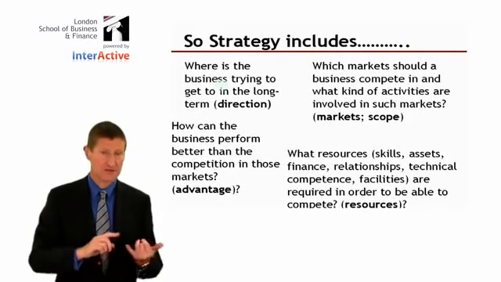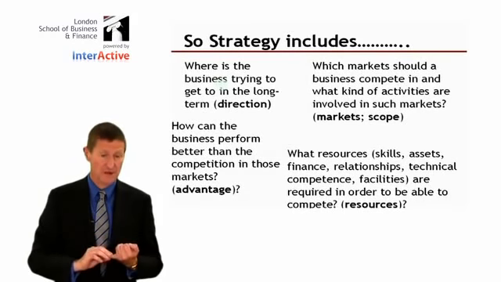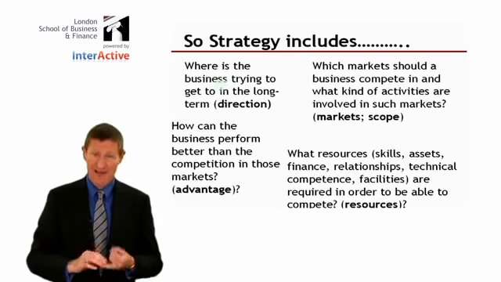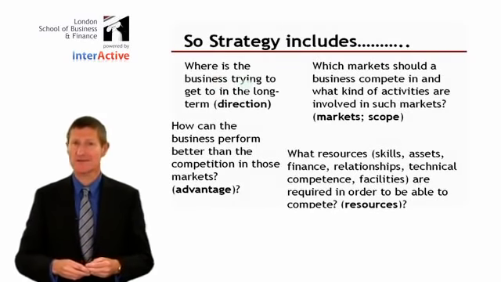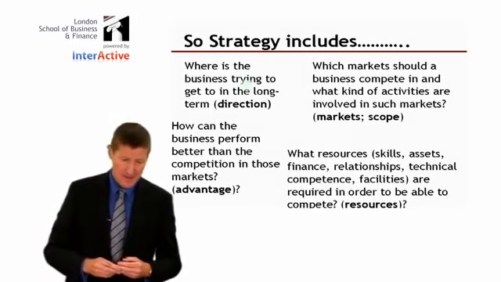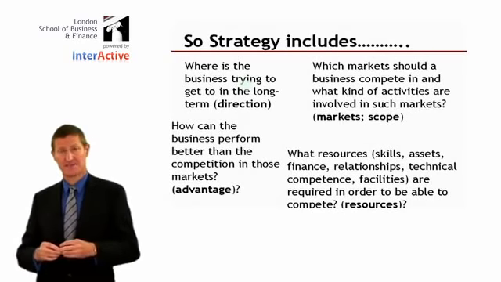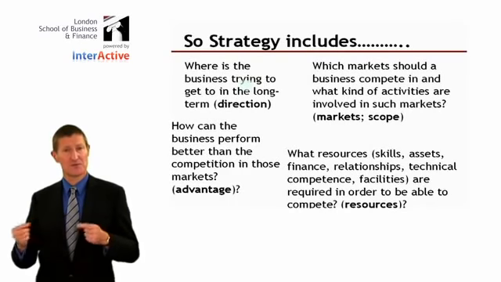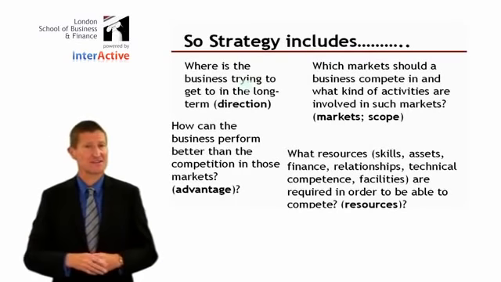Therefore, strategy includes direction, where you're going; the scope, which markets we go in, and specifically which markets we do not go in; and how we're going to get competitive advantage, in other words, what is our unique feature in relation to our competition. There was a very good case of Sony.